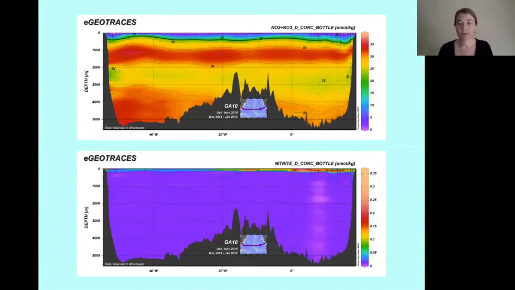In contrast, just to give you a sense of the difference in concentration, I'm showing nitrite along the same ocean transect, and you can see it is orders of magnitude less abundant than nitrate, and also see its peak concentrations show up in very specific locations closer to the surface, unlike nitrate. And I'll get into some of the processes that are producing nitrite in a little bit.